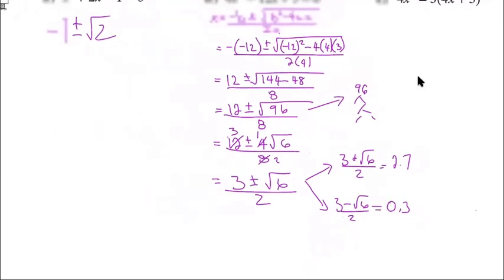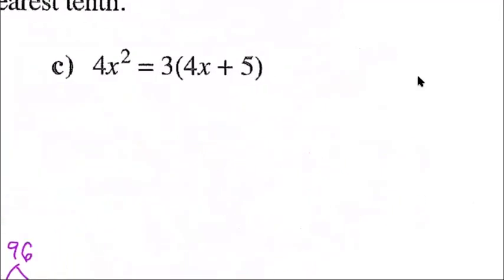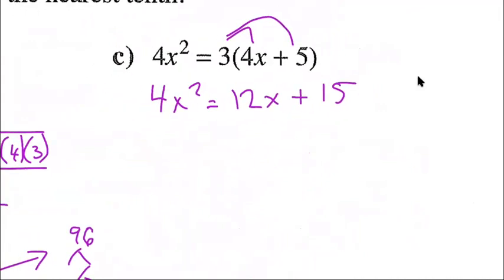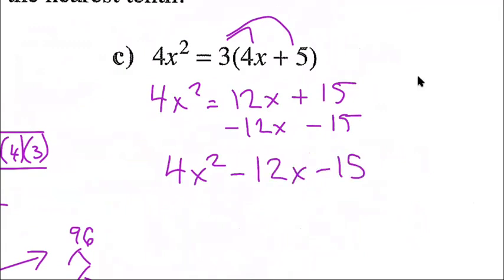And then if we go to example C, I'm going to start example C. I'm going to leave it for you to finish. This does not look like our normal parabola, so we need to make it look like our normal parabola. I'm going to bring the 3 in: 4x squared equals 12x plus 15. Then I'm going to move everything over with the x squared. So I'm going to subtract 12x, subtract 15, gives me 4x squared minus 12x minus 15 equals 0.